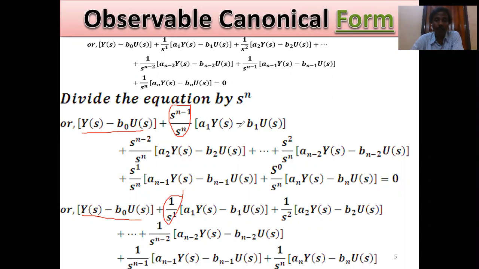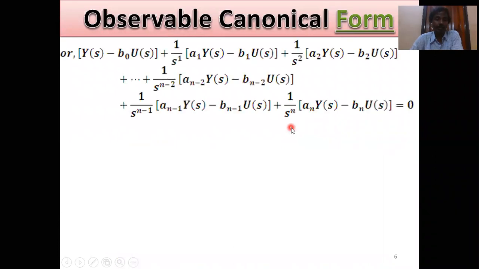Similarly, the second term is equivalent to 1 by s square, and so on up to 1 by s to the power n. So starting from 1 by s to the power 1, 1 by s square, 1 by s cube, 1 by s to the power 4, up to 1 by s to the power n, and before terms 1 by s to the power n minus 1, 1 by s to the power n minus 2, and so on. This is after dividing by s to the power n.